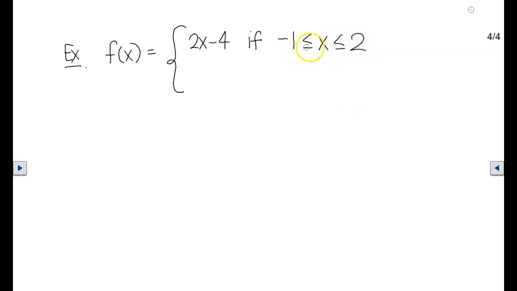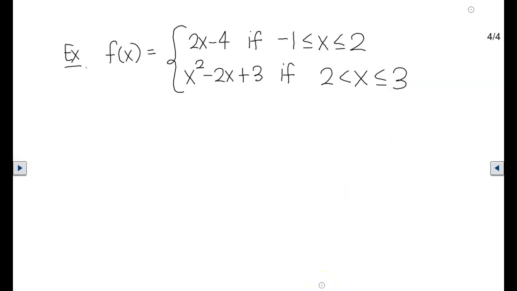So for this domain, use this rule, 2x minus 4. f of x will be x squared minus 2x plus 3 if the domain is 2 is less than x, which is less than or equal to 3.